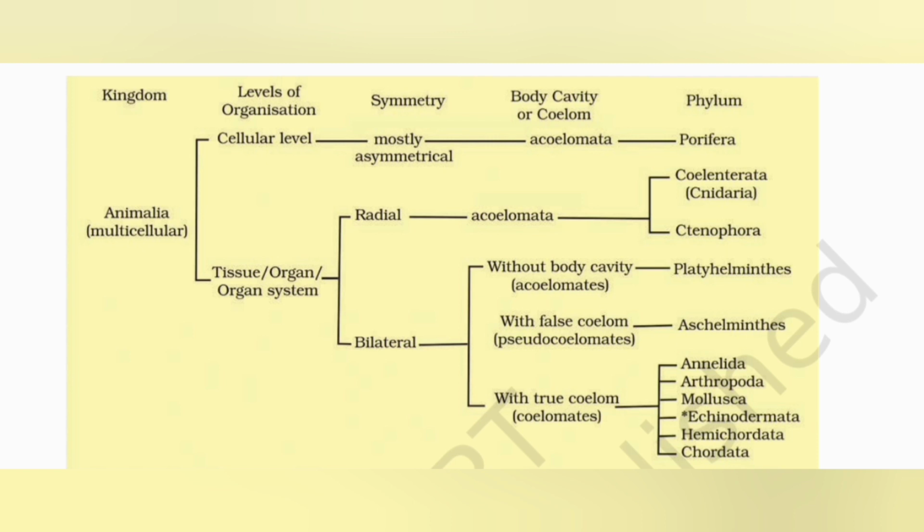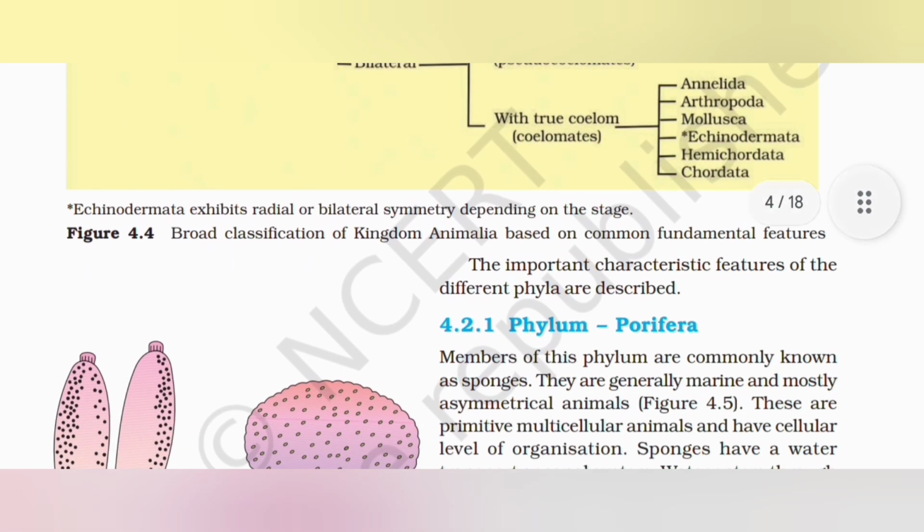Bilateral symmetry: without body cavity, acoelomates, Platyhelminthes; with false coelom, pseudocoelomates, Aschelminthes; with true coelom, coelomates: Annelida, Arthropoda, Mollusca, Echinodermata, Hemichordata, Chordata. Echinodermata exhibit radial or bilateral symmetry depending on the stage. Figure 4.4 Broad classification of Kingdom Animalia based on the common fundamental features.